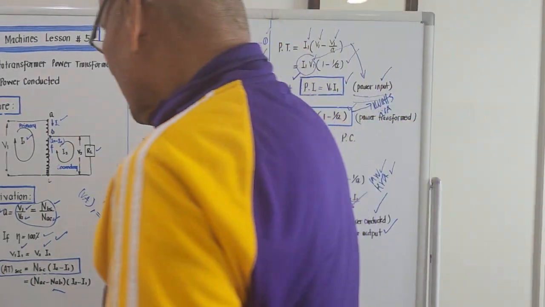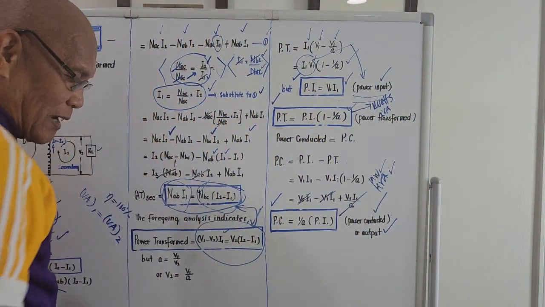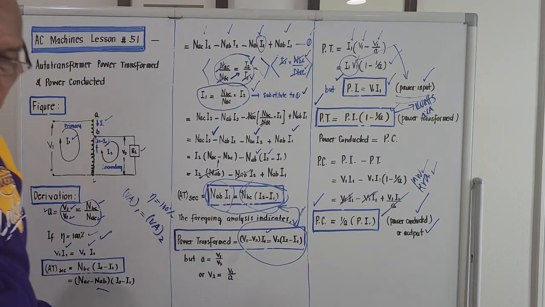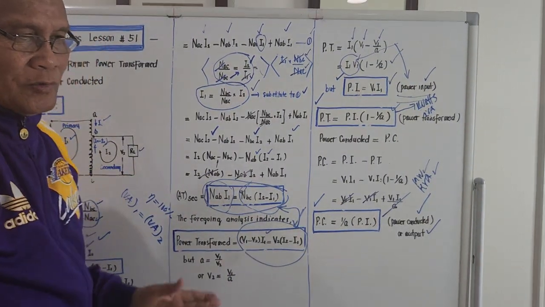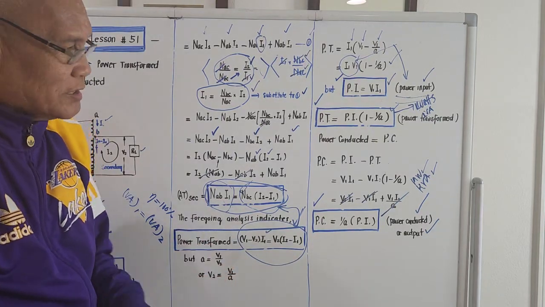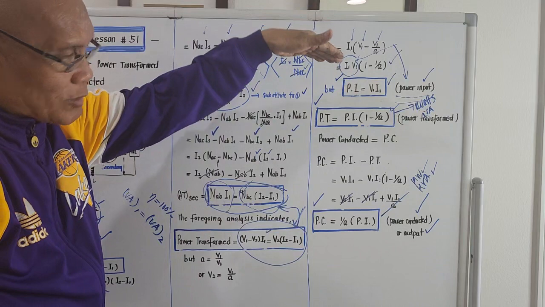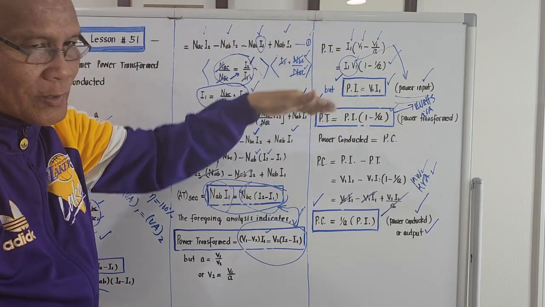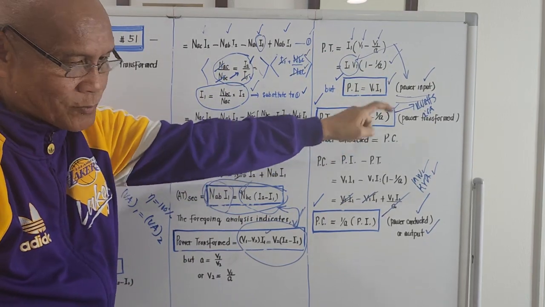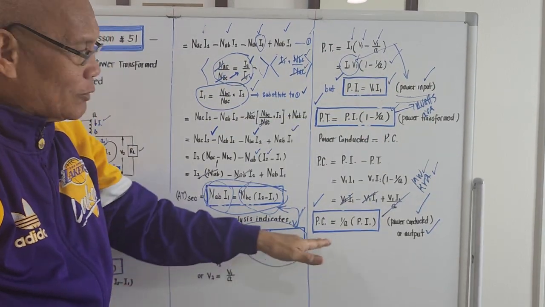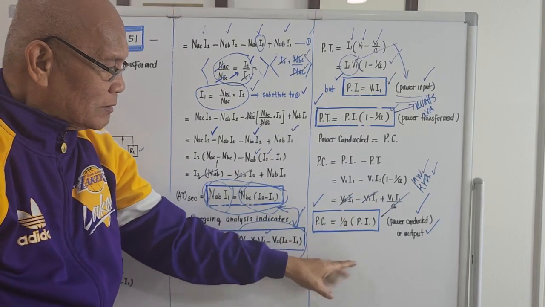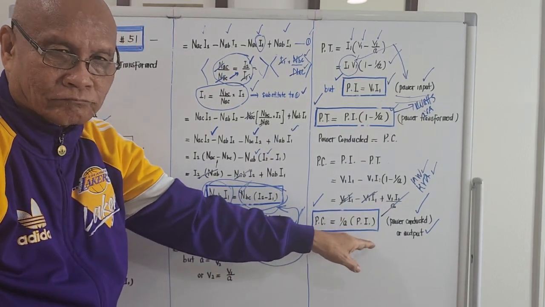I think these are the needed formulas under the concept of the autotransformer. In case you'll be solving problems involving an autotransformer, power input will be B1 I1, power transform will be power input times the quantity 1 minus 1 over A, and the power conducted or power output will be simply 1 over A times the total power input.